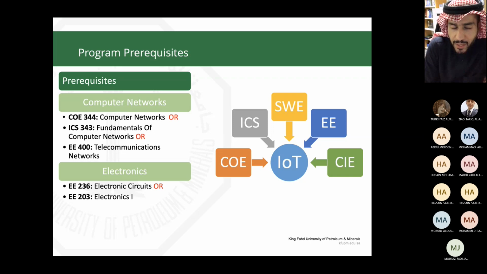Well, the difference is huge. In computer networks, you study how you build networks to connect computers or computing devices, whether it is IoT or something different. But it focuses more on general computing. So the concentration talks about, for example, how you design a network.